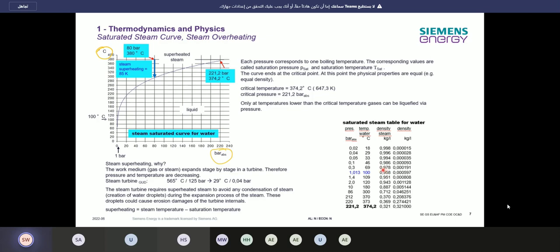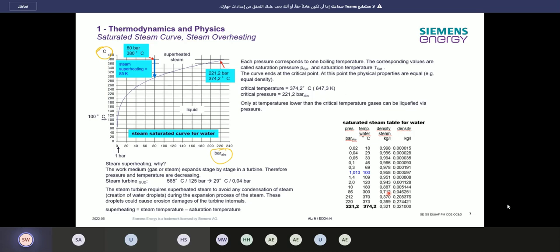In most cases, we're saying then here 1 liter is 1 kg at these values. But when we go up with the pressure, when we go up with the temperature, then, for example, here 86 bar absolute, we have a saturating temperature of 300 degrees, and we see 1 liter of water is just using 0.712 kg per liter.